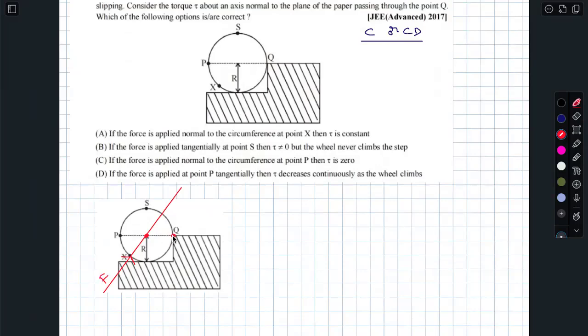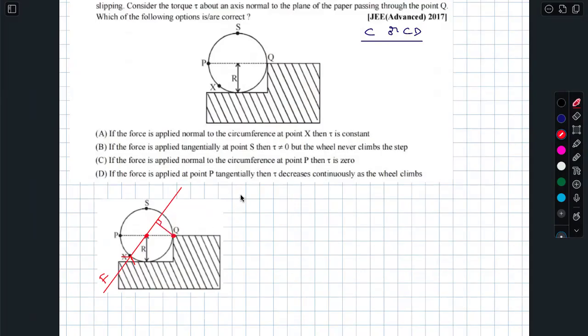Okay, about Q, that's the perpendicular distance. Now, maybe force is constant, but as it turns, what happens? This force arm keeps changing.